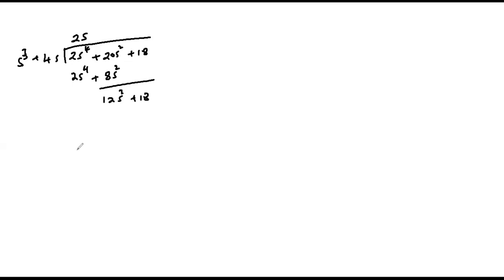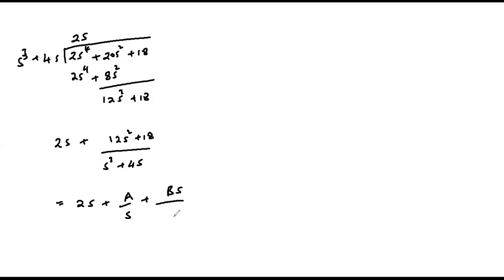That means we can write our impedance transfer function as 2S plus 12S squared plus 18 over S cubed plus 4S, which we can write as 2S plus, then we can write these into partial parts as a constant A over S plus BS over S squared plus 4, the factors being S and S squared plus 4.